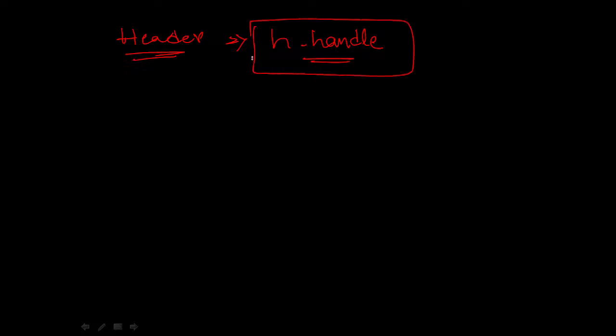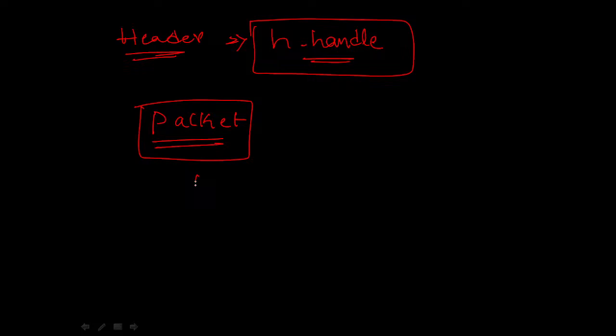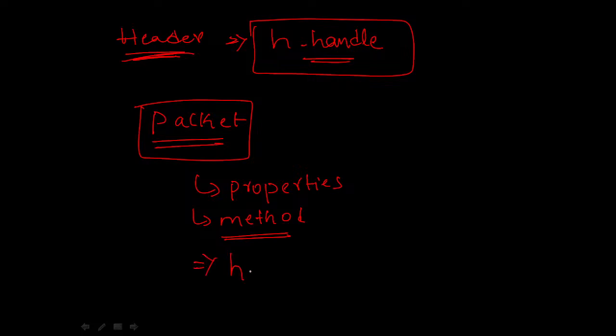Now we have declared one more class called packet, and this packet class has some properties as well as methods, and we have declared this header handle inside the packet class also.